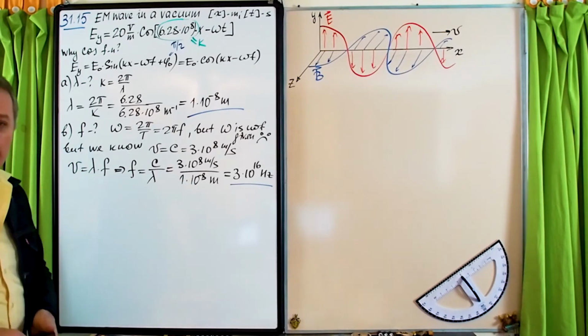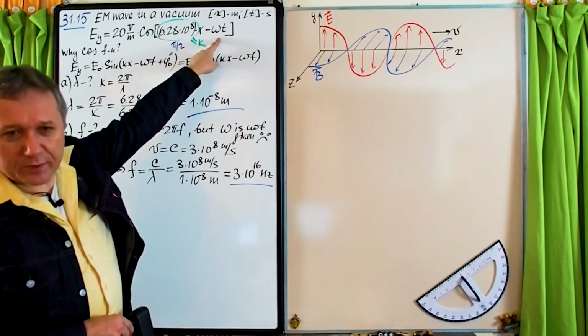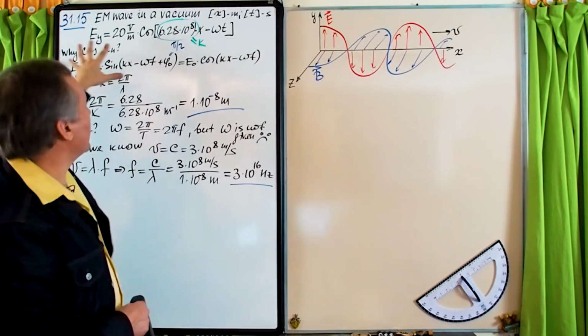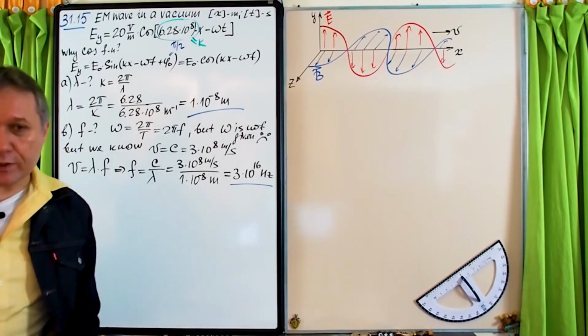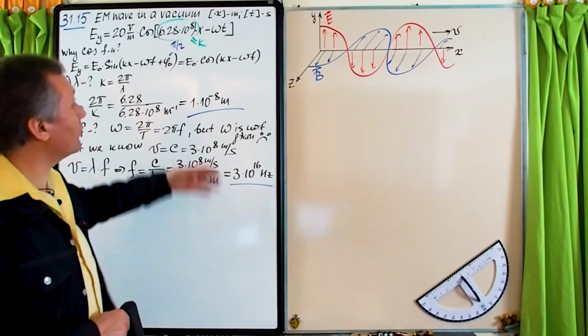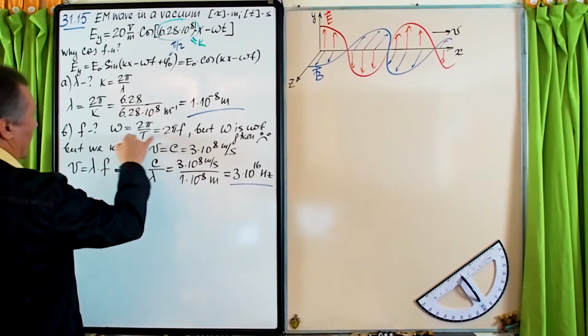Okay, so now since omega is not given, let's find omega. Because at the end I want to write the traveling wave equation for the magnetic field, and we will need omega. Since we found f, we can find omega using this.